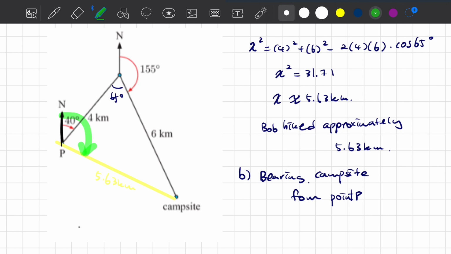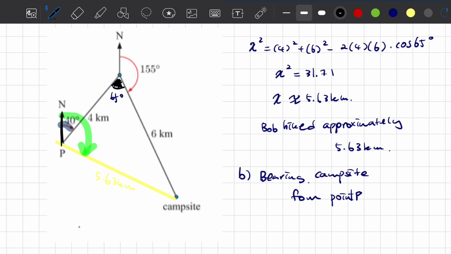We already know that the angle between the true north line and the line created by point P and N is 40 degrees. We also know that this angle here is 65 degrees.